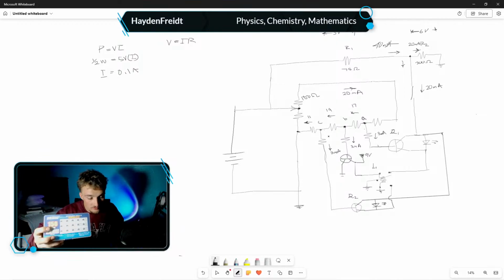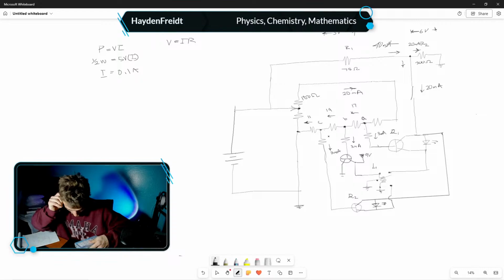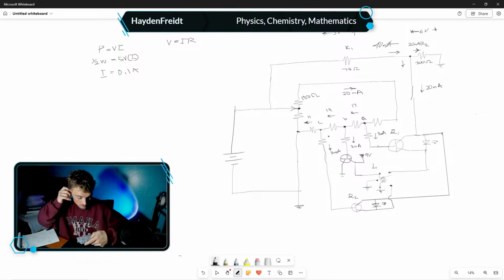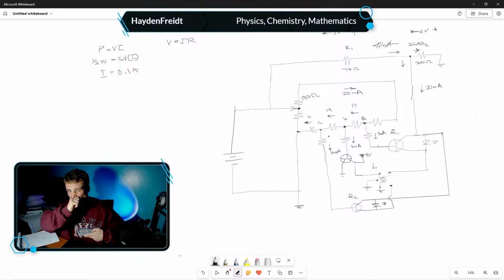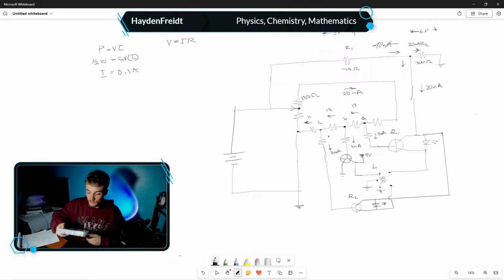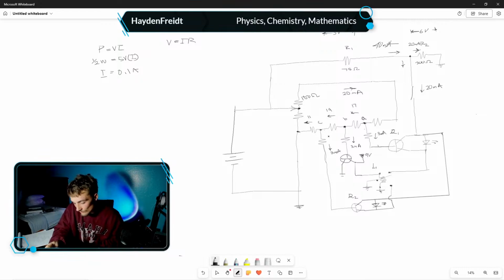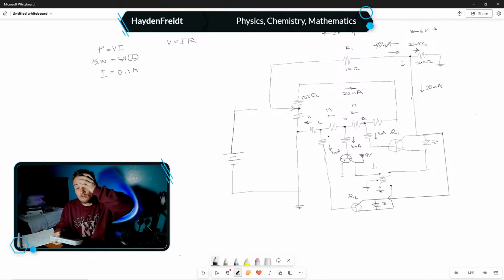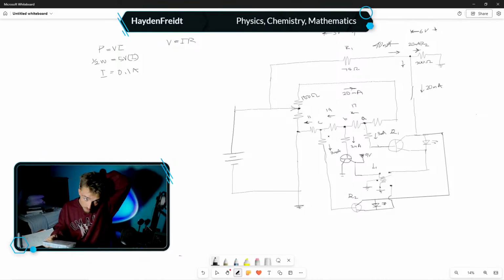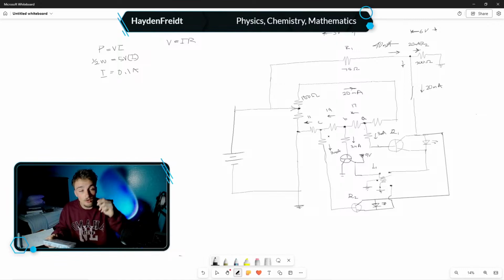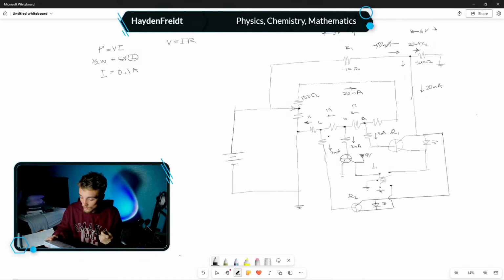Alright, boom. Resistor pack. Okay, let's see. There's a 500 ohm resistor. Okay. Now, why 500 ohms though? I mean, because I know I did pick that for a particular reason.